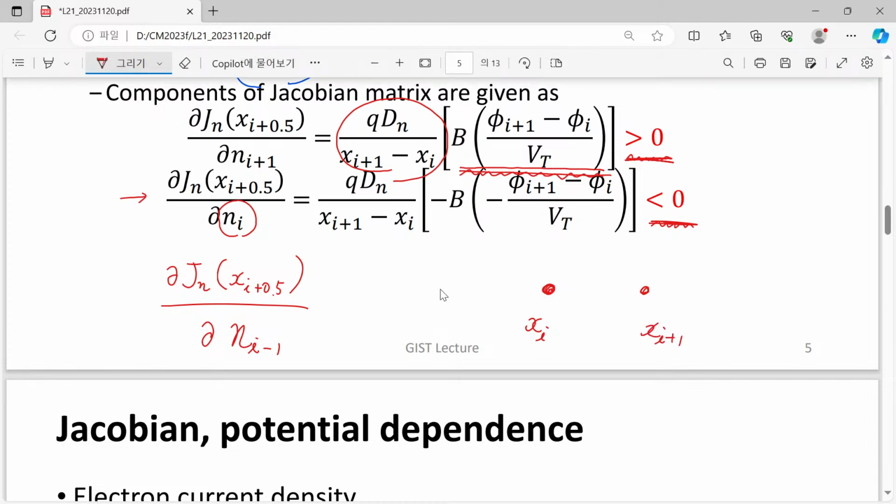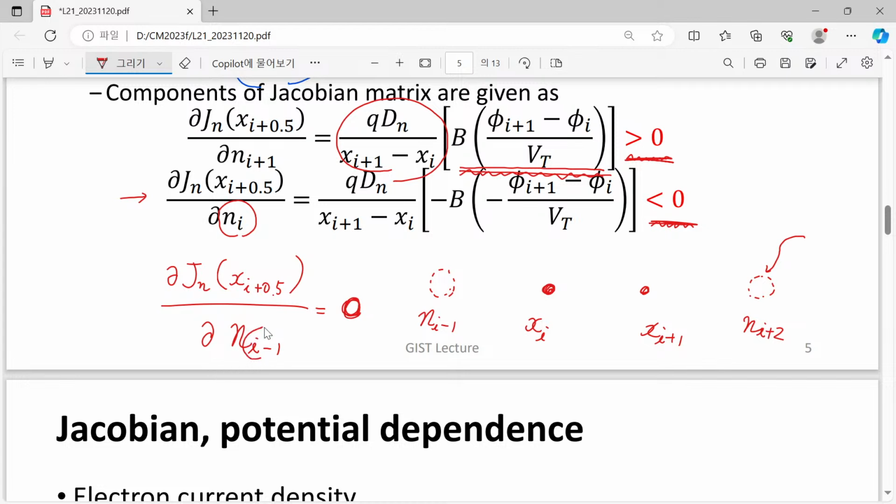Then how about its dependence on the electron density here? Or how about the dependence on N sub I plus 2, the electron density defined on x sub I plus 2? Obviously, that will be just 0.